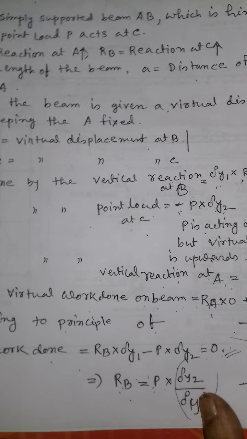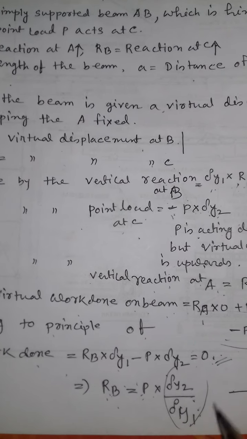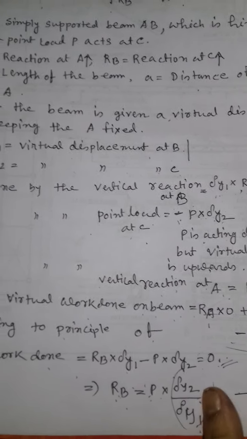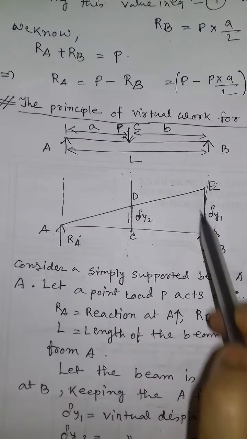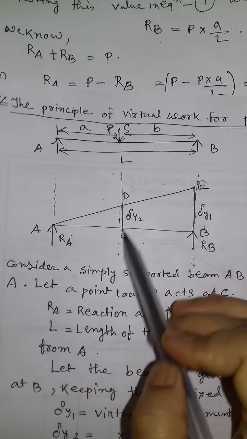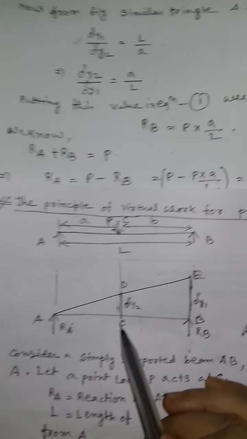Now we have to find the values of del y1 and del y2. For that we consider similar triangles. AEB and ADC are similar triangles.